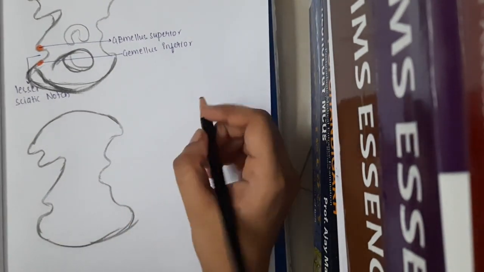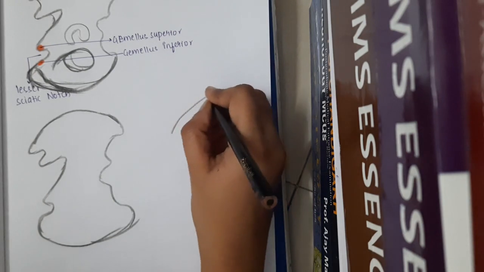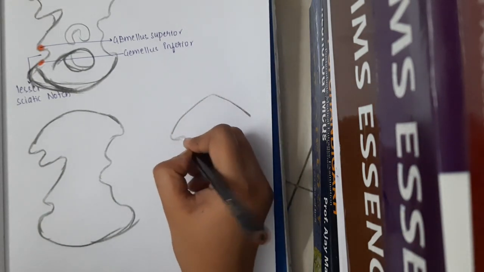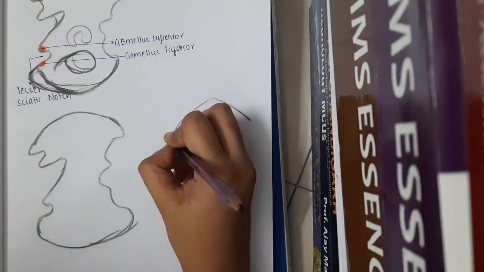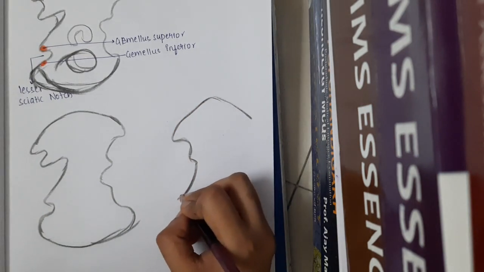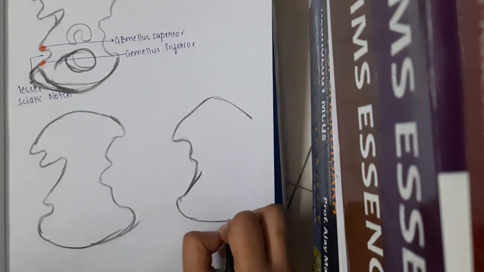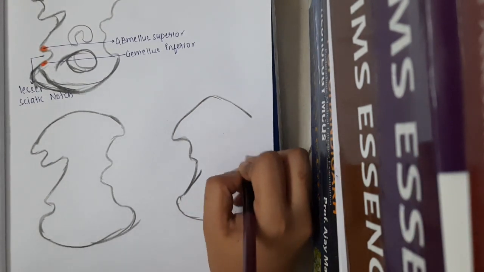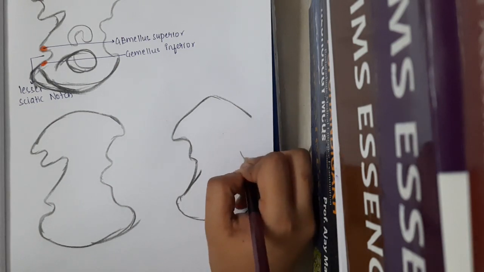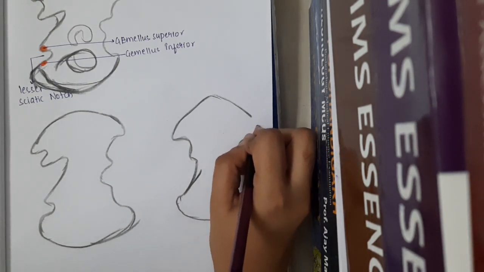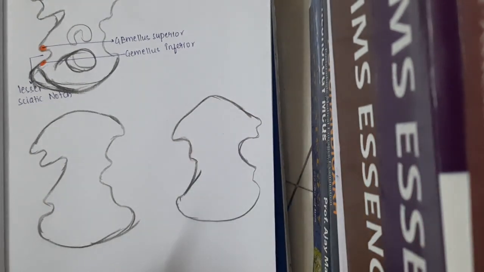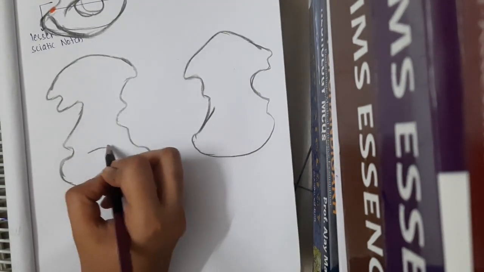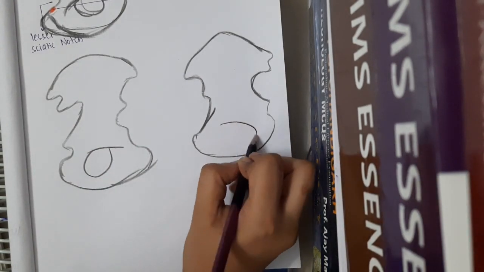This is one, and you also have the other one. Now this is the obturator foramen, and this should be on this side.